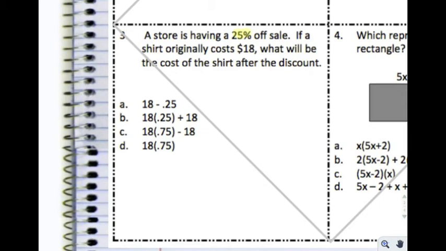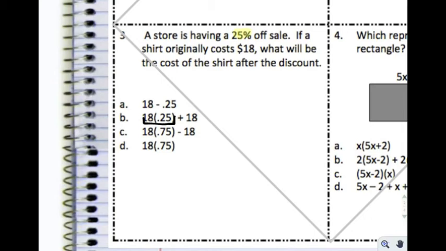It looks like letter A is not quite clear because even though it has me removing 25% or 25/100ths, it's not 25% of the $18. It's just 0.25, which would be $17.75, which is not 25% of the $18. So letter B definitely has me taking what is 25% of $18, but then it adds back the $18.